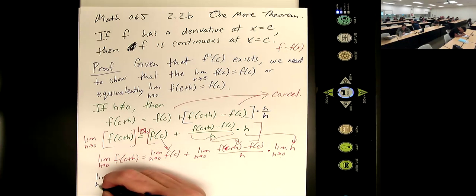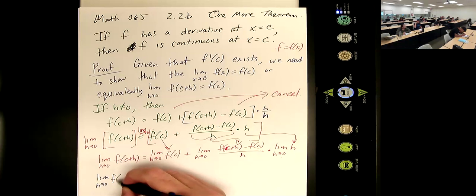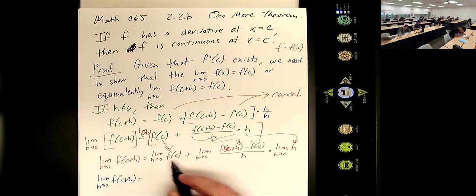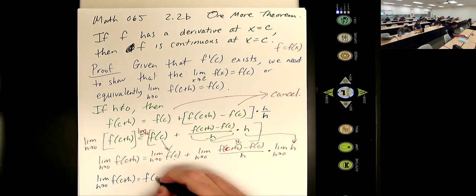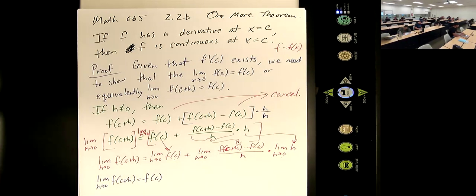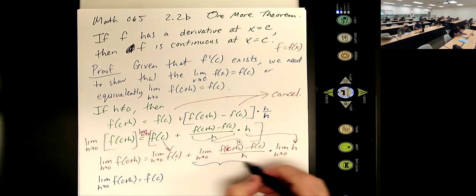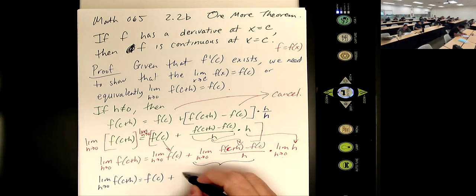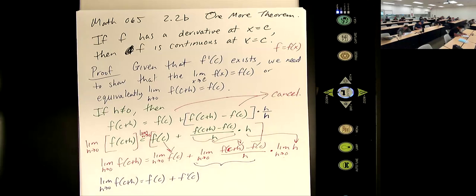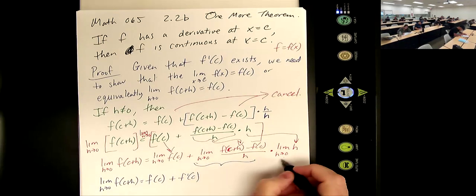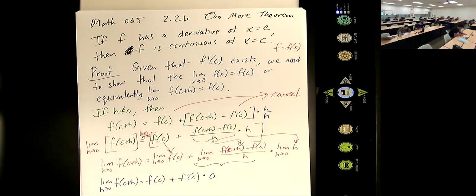So the limit as h goes to 0 of f of c plus h. There's no h in this one, so doing the limit doesn't do anything. That is f prime of c, and it's multiplied by the limit as h goes to 0 of h, which is 0.